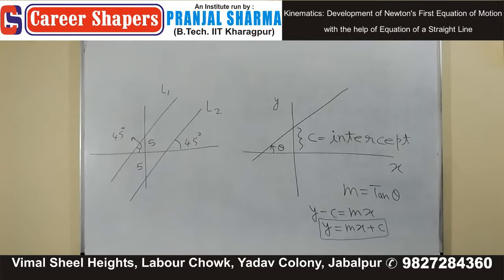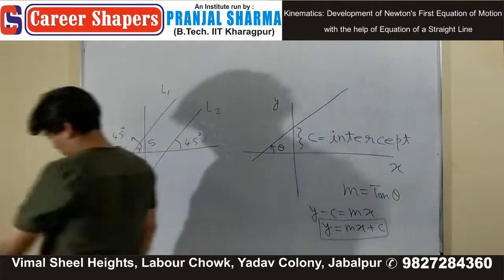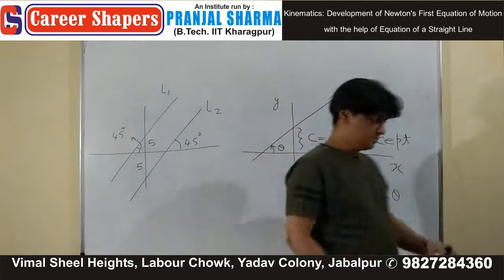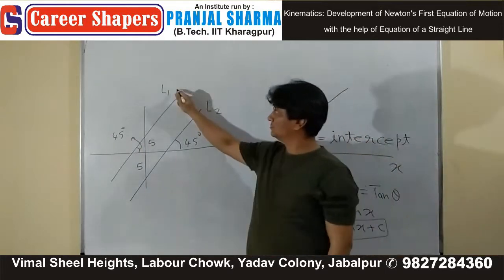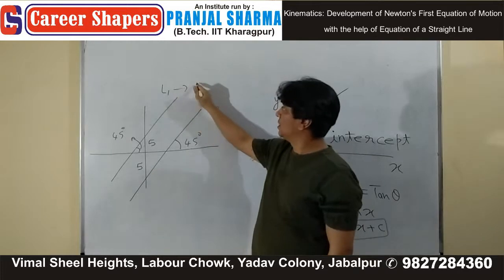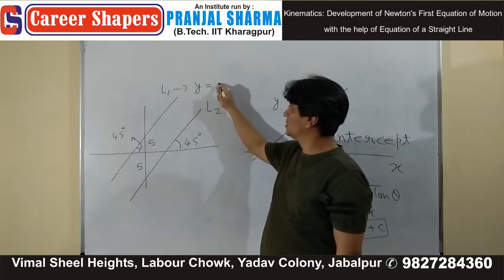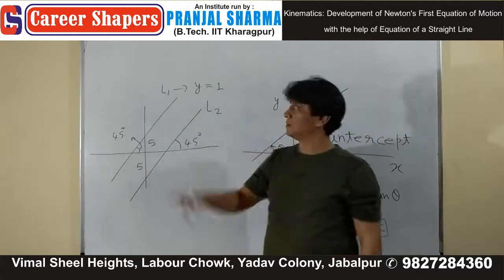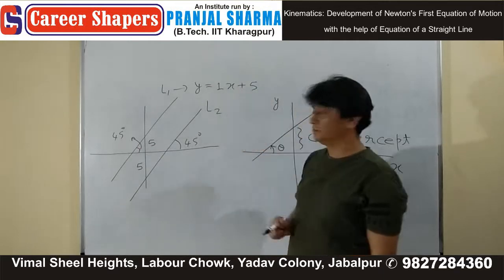Don't write m, you have the value of m. Simplify it, write down the value of m. For L1, y, m is 1, tan 45, 1, x plus c, 5.